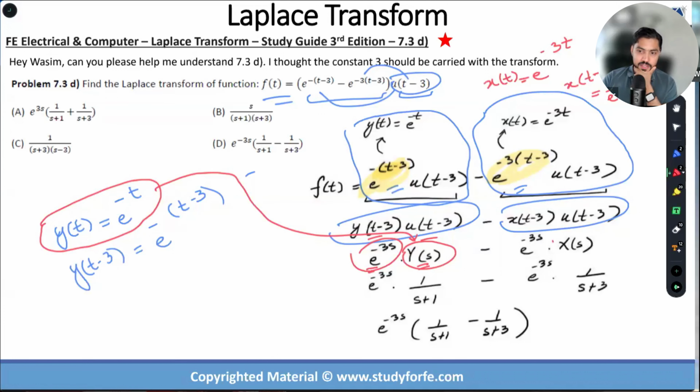In this case, it will be the product of the Laplace transform of the original function x of t, which is this, right? Laplace transform of this is pretty simple, 1 over s plus 3. We're going to use the beta function, I believe that's what it is. No, that's in the z transform. But yeah, for the exponential Laplace transform, pretty simple. And that's where the e to the power of minus 3s is coming from. Okay.